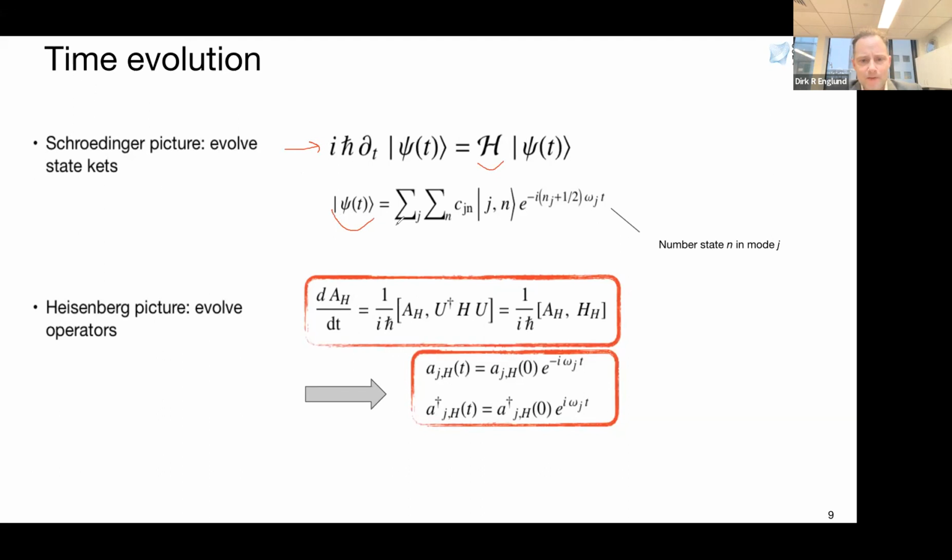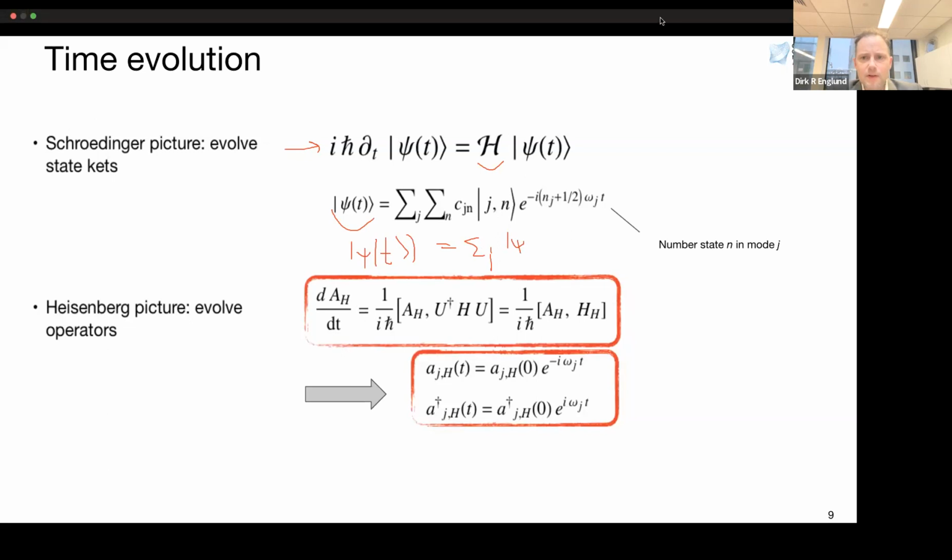In this case, the state at a later time is just equal to the familiar form of the sum over J of state J, actually let me change the notation here, state J, C sub J. Okay, this is just from our previous page.